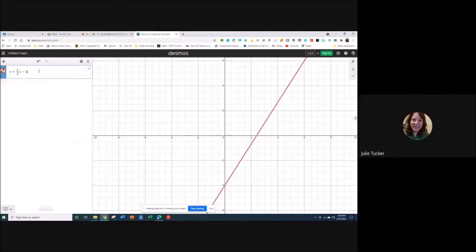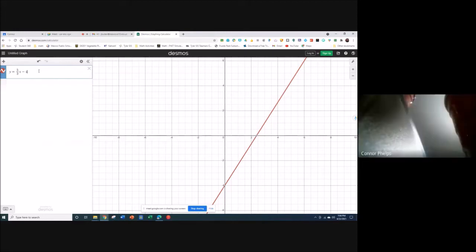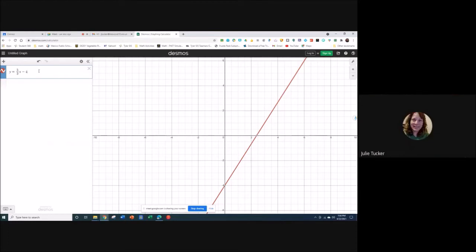I just have to press the arrow to the right and it gets me out of the fraction. Did that work? No. Huh. So you're still down in the denominator where the 3 is?